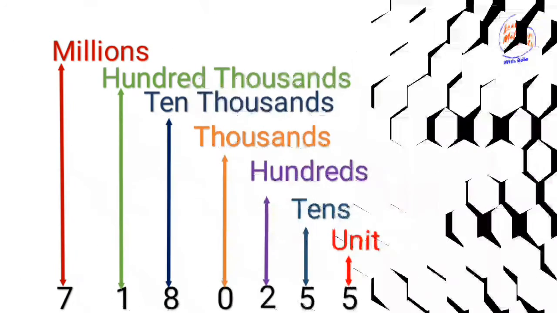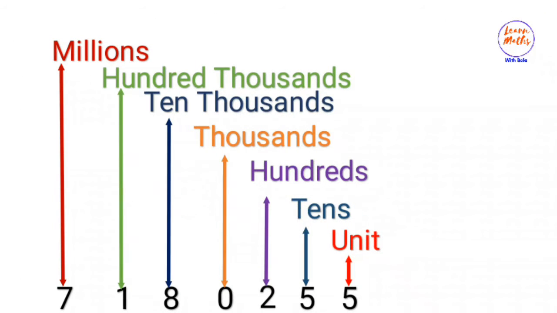Let's move on to this place value chart that we examined in the previous video. This chart shows simply the place value of numbers. This is a 7-digit number, and we started from the units to the millions.